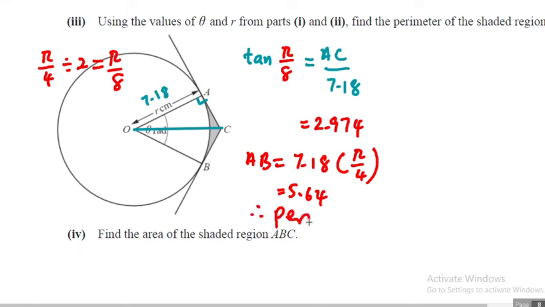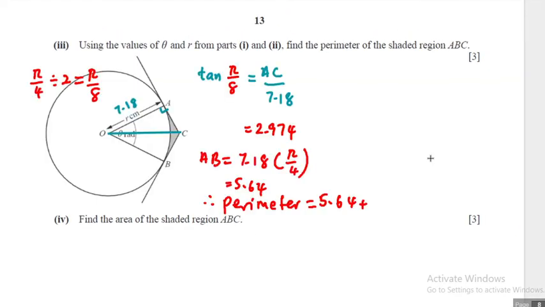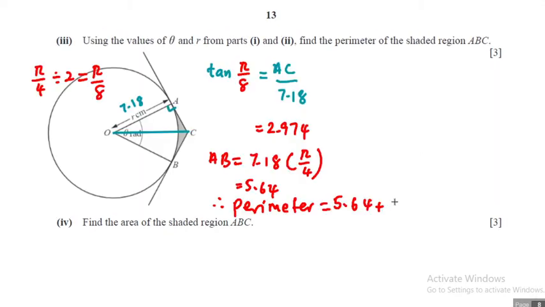Therefore perimeter is 5.64 plus 2 times 2.974. This will give you 5.64 plus 2 times 2.974. You will get 11.588, so 11.59. Is that okay?